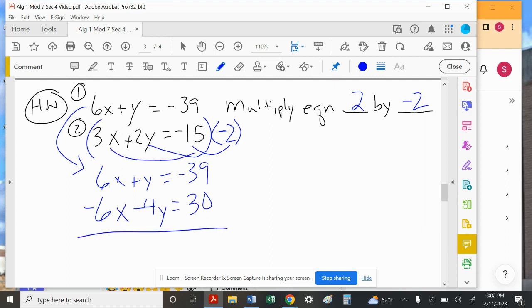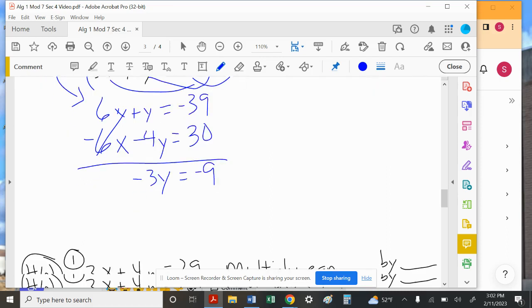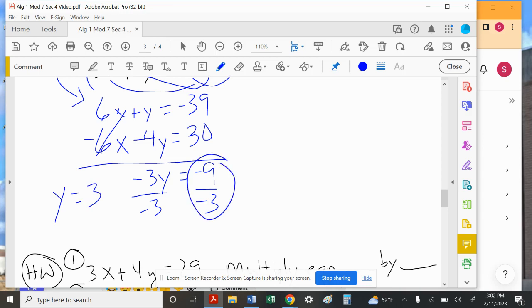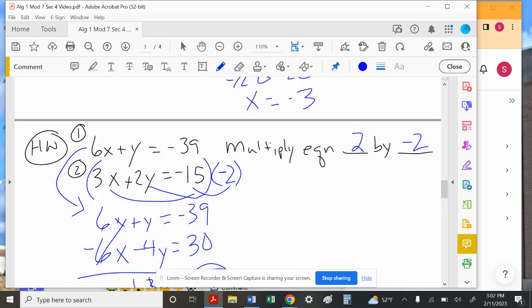And adding them together, those cancel. I get negative 3y there. I get negative 9 here. I then divide both sides by negative 3. So I get y equals positive 3 because I have 2 negatives there. Okay, so y equals 3.